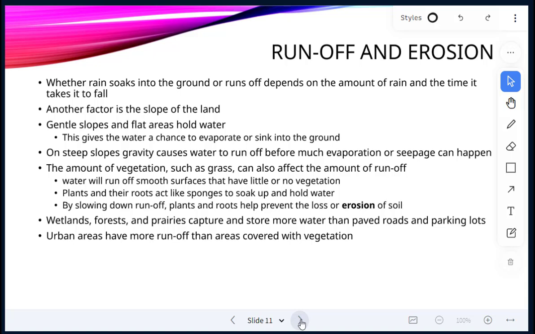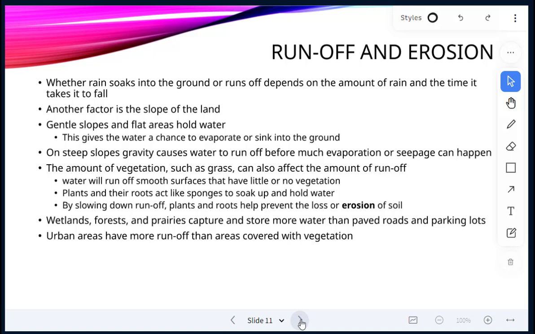If there's a lot of vegetation like plants, there are lots of roots. Those roots act like sponges to soak up and hold water. So slowing down runoff, plants and roots will help prevent the loss or erosion of soil. So wetlands, forests, prairies, they capture and store more water than paved roads and parking lots.